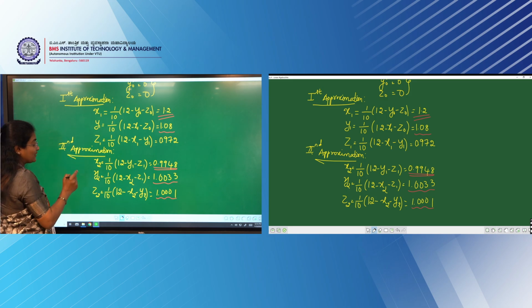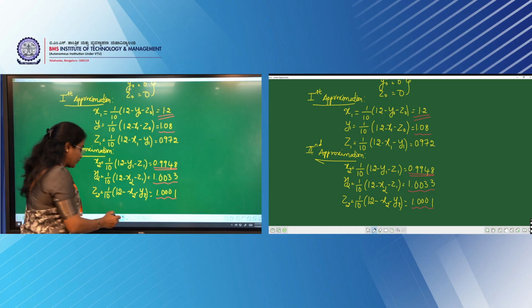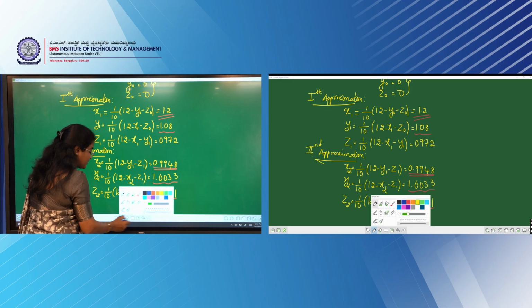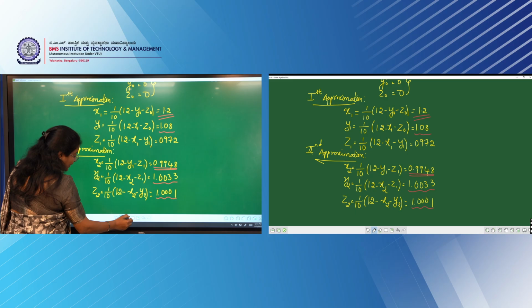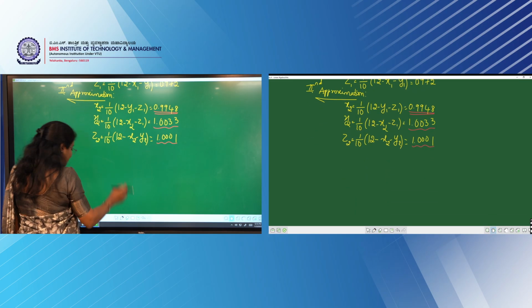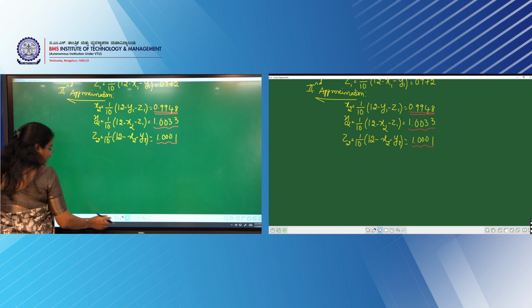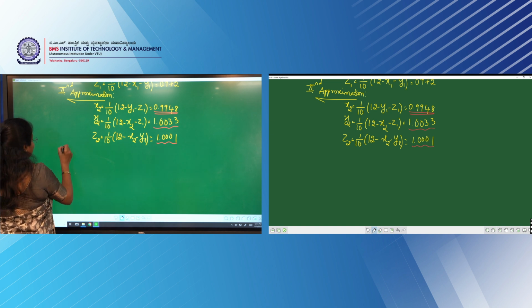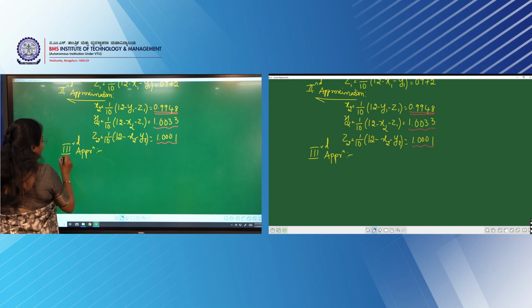See, x1, y1, z1 is not matching x2, y2, z2. So you have to repeat the procedure until you get two sets of values that are equal. We move to the third approximation and check; if not, we go to the fourth approximation. You can try it on your own using the calculator.